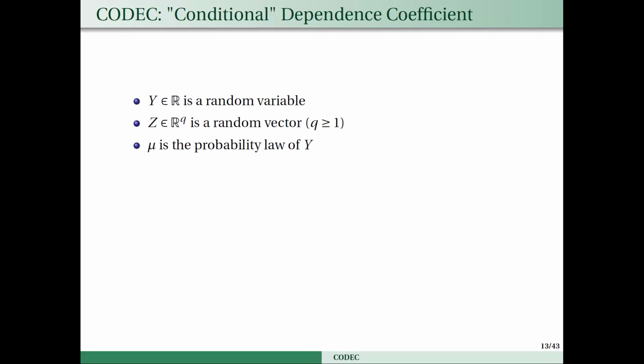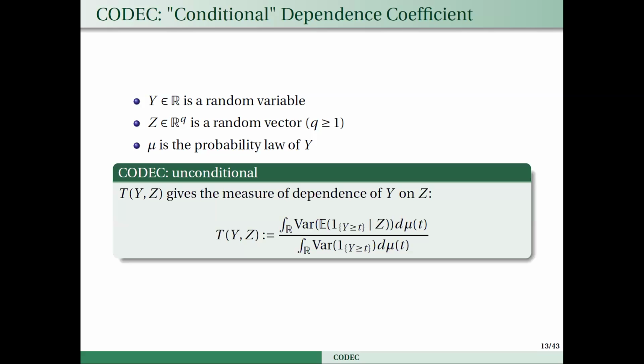Now what I want to answer is to somehow quantify how much y depends on z. With these three ingredients, I define T of y and z as the measure of how much y depends on z in this shape. So you see, T of y and z is the ratio of two integrals.